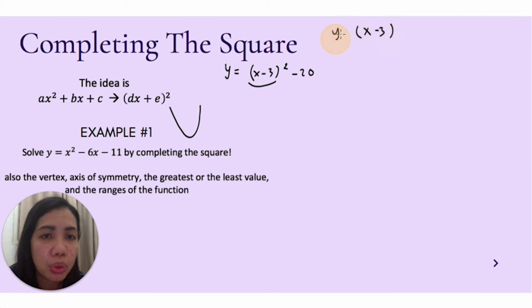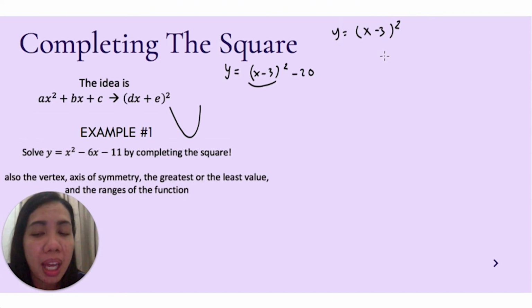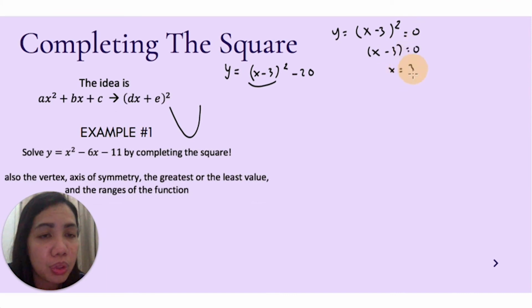If we want to draw this equation, x minus 3 squared, this equation shows us that the parabola only touches the x-axis at one point. So pay attention to this. If I try to solve this equals 0, then I'll have x minus 3 equals 0, then I'll have x equals 3. So actually the parabola will touch only one point on the x-axis, which is x equals 3.